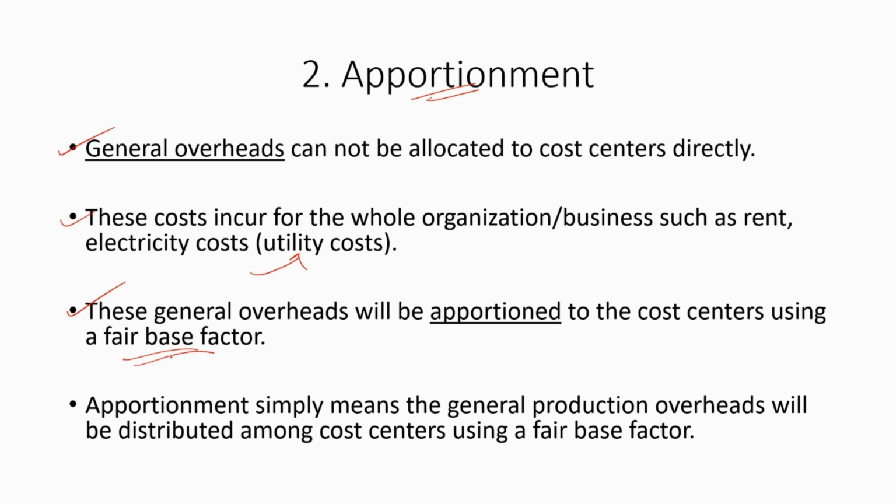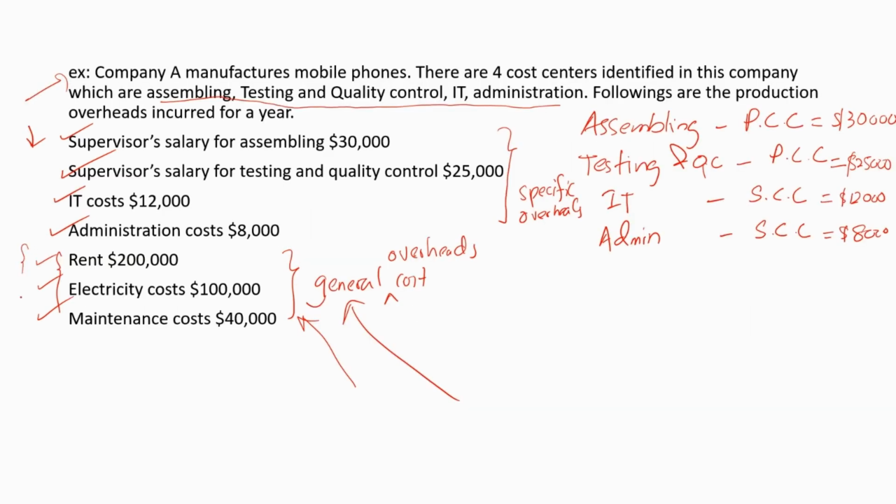Using a fair base factor. Simply, apportionment means the general production overheads will be distributed among cost centers using a fair base factor. Meaning we are going to distribute these kinds of general overhead costs among the cost centers using a base factor.